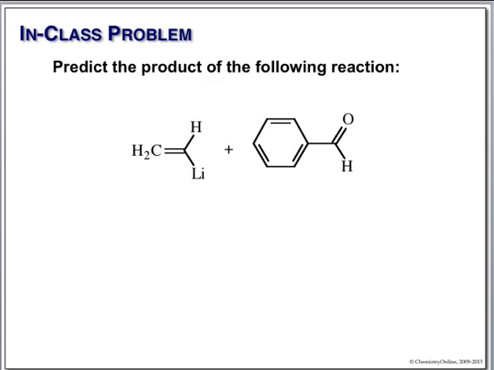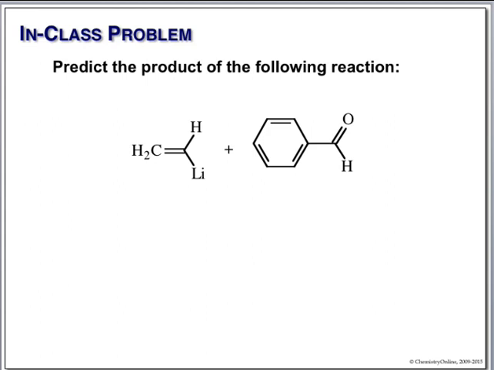This is a vinyl lithium. So remember, we can make this directly attached to our double bond. We all know what's going to happen. We know that this carbanion is going to add to that carbonyl.